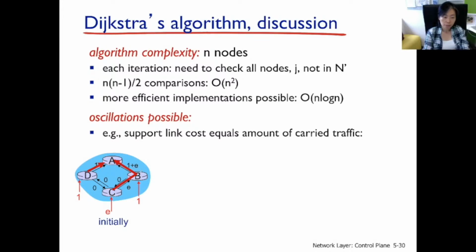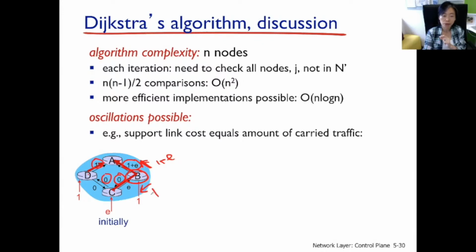So let's see. B here will see 2 possible paths to go to A, right? One is to go counterclockwise to A, the other clockwise to A. So this direction here, the cost is what? 1 plus E, because there's only one link and the link cost is 1 plus E. If we take this other path, B, C, D, A, the path cost is the sum of the link costs, 0 plus 0 plus 1.